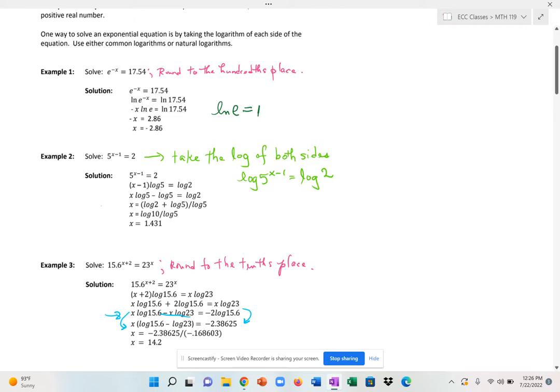And this is a number that you can use your calculator to compute, and that's actually equal to negative 0.168603. I divided by that number so that I can get x by itself on the left side. And when I divide those two negative numbers, these two, you end up with 14.2 when you round to the tenths place.